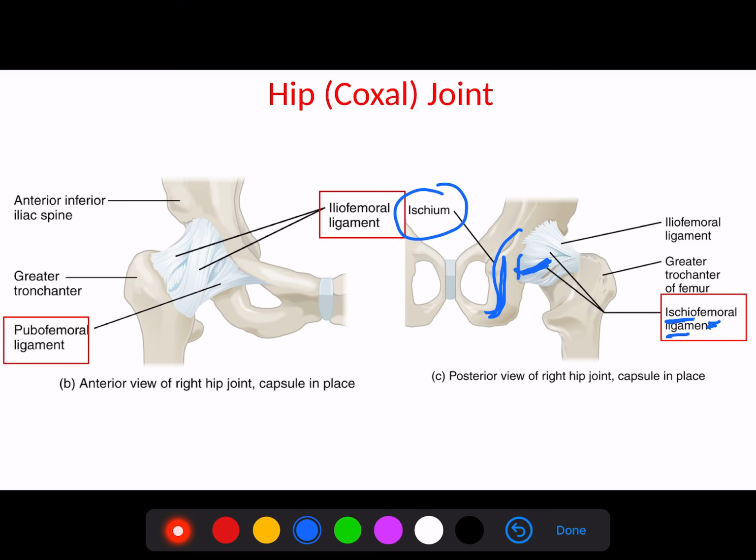Then we have the iliofemoral. Here we have a bone that is called the ilium. So there is a ligament coming from the ilium toward the femur. And then this part of the bone is called the pubis.